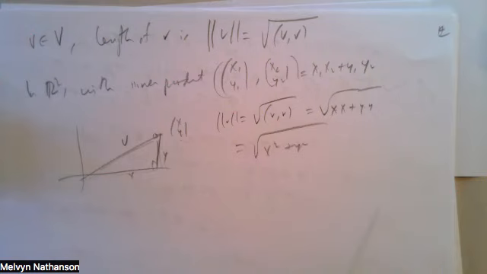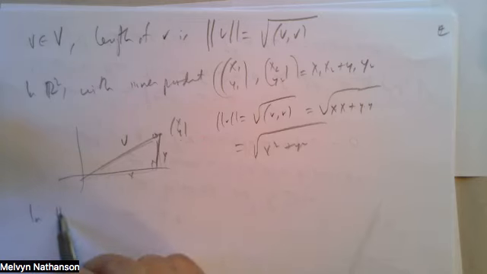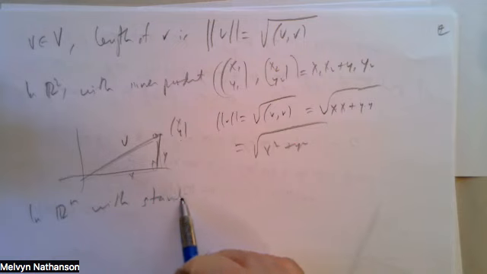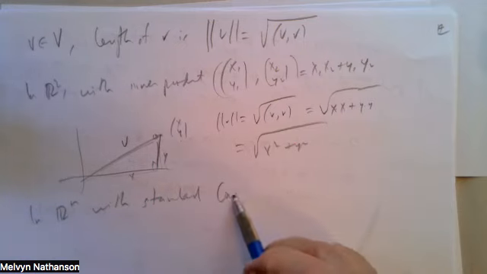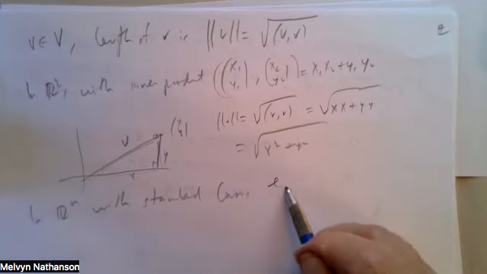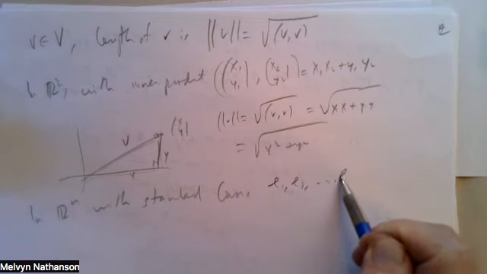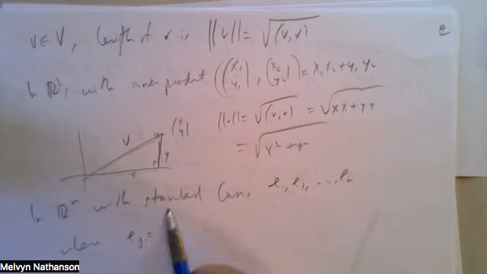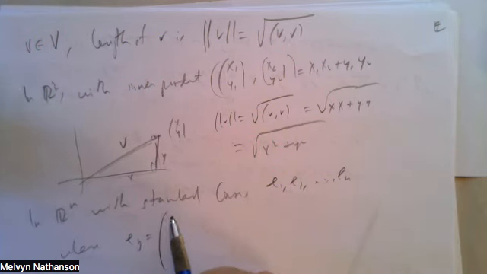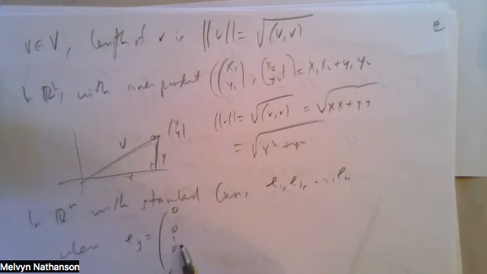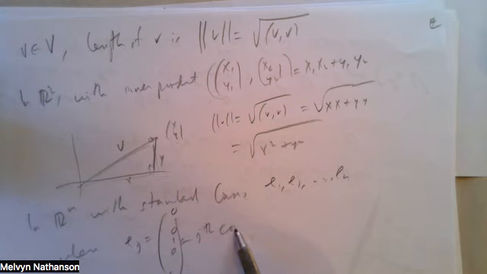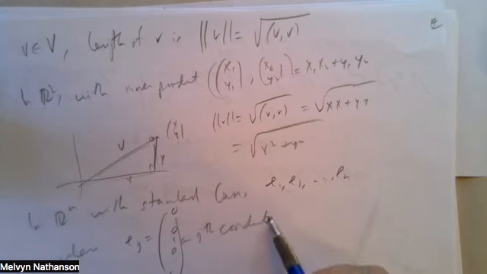So, in Rn, with the standard basis, E1, E2 up to En, where E sub j is the vector whose coordinates are all 0, but a single 1 in the jth place. This is the jth coordinate.